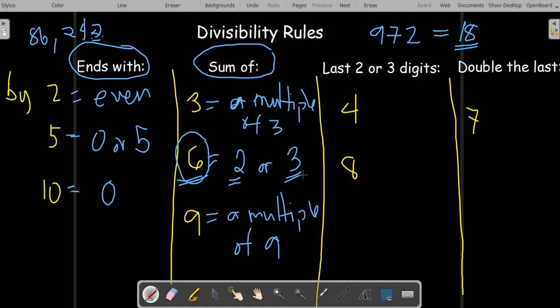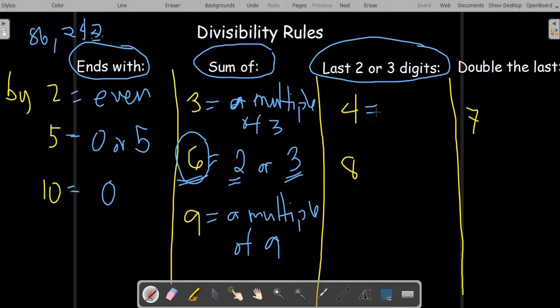And next group is the last 2 digits or 3 digits. A number is divisible by 4 if the last 2 digits form a multiple of 4. Take for example 416.